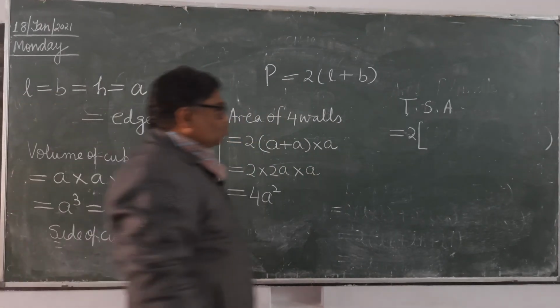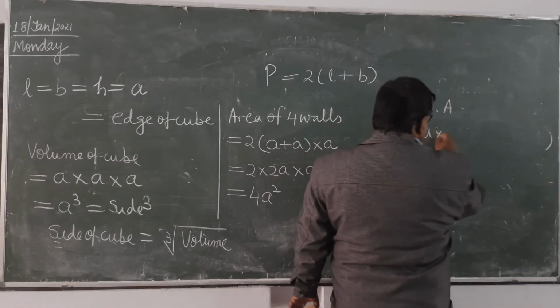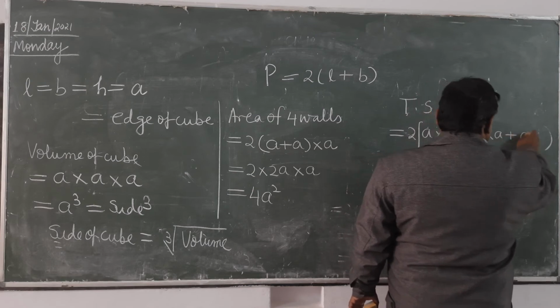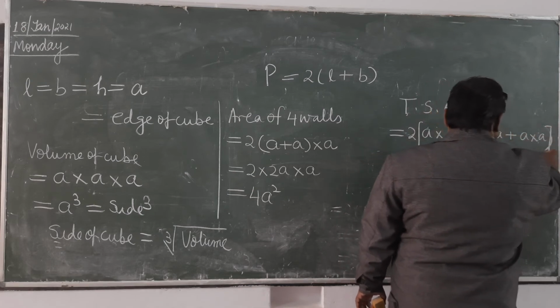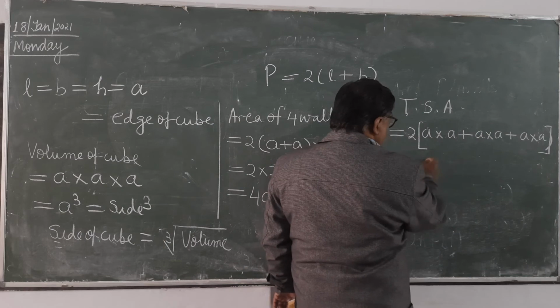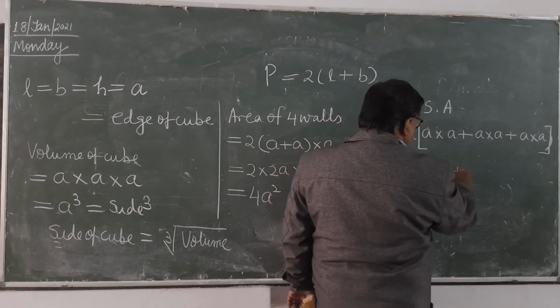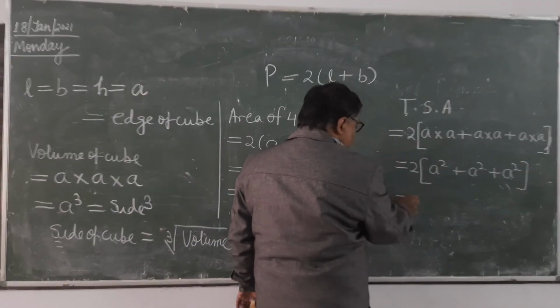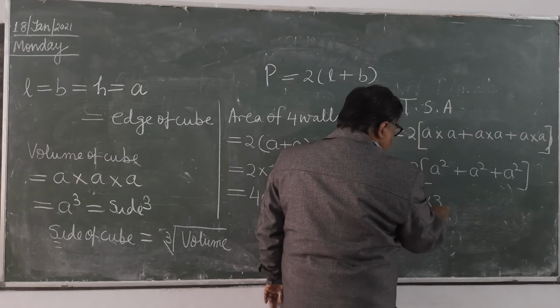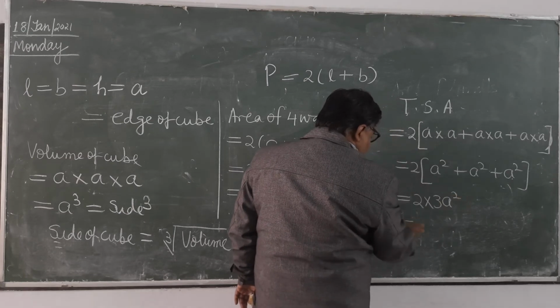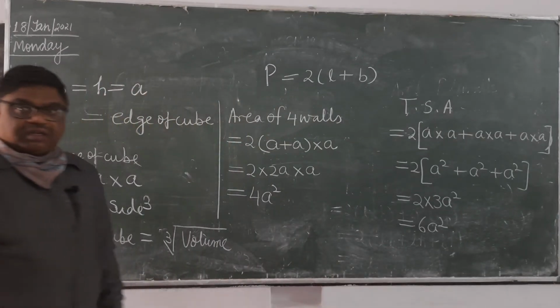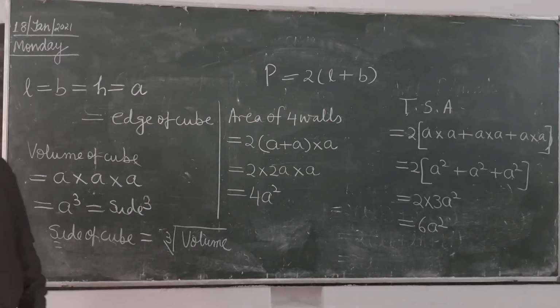Here each side is equal to A. Therefore A into A plus A into A plus A into A. So this will be equals to 2A square plus A square plus A square, that is equal to 2 into 3A square, that is 6 into A square. Now what is A here? Here each side of the cube is A.